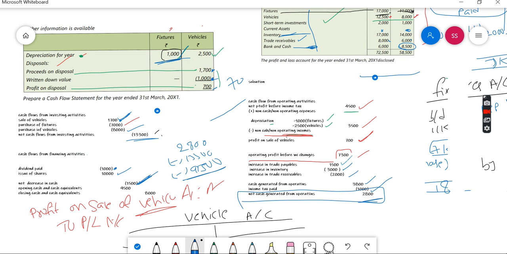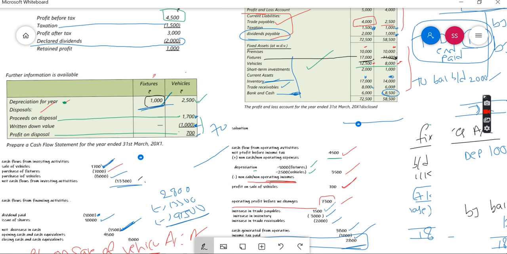Cash and cash equivalents also we should consider, right? So 8500, sorry, it was a little bit slow, please hold on. So 8500, and short term investments is the cash equivalents. Let me wipe this off.